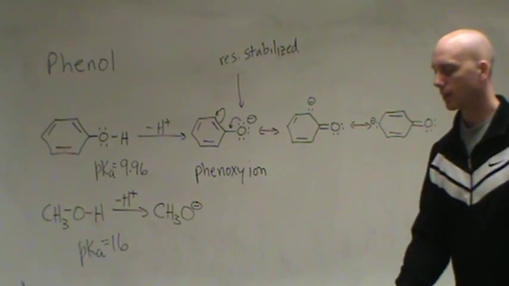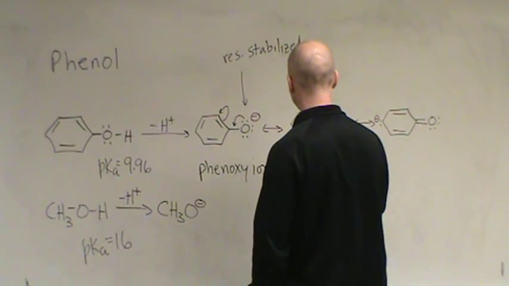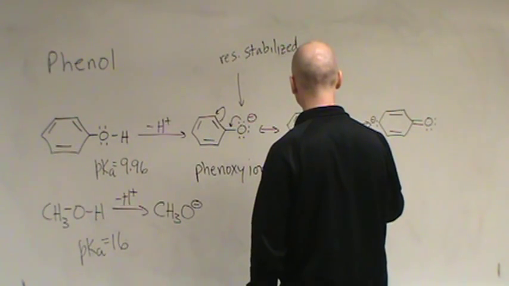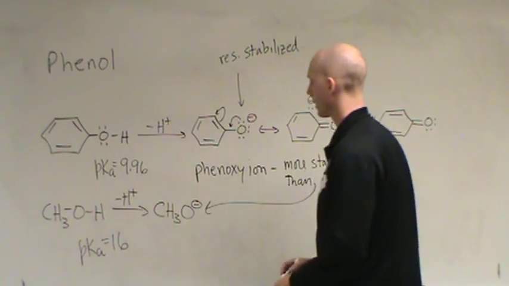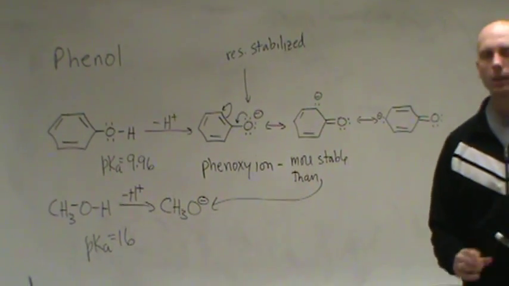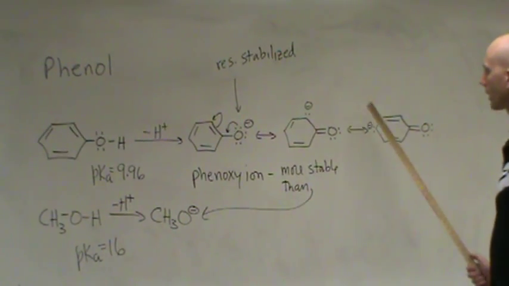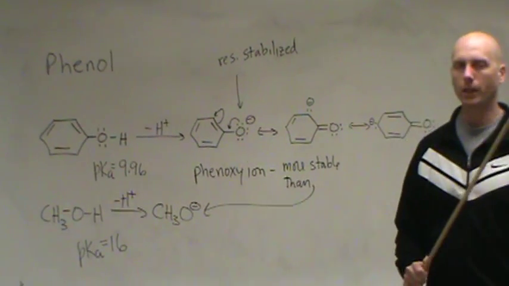And so that is telling us that this conjugate base is more stable than that thing there. So remember the theory that the more stable the conjugate base is, the more acidic that hydrogen was.